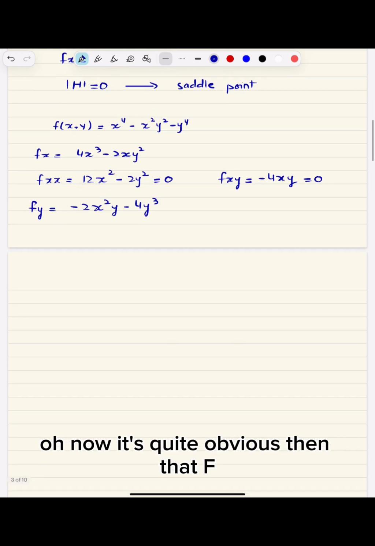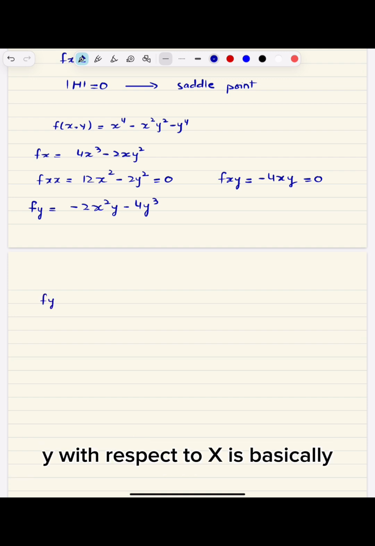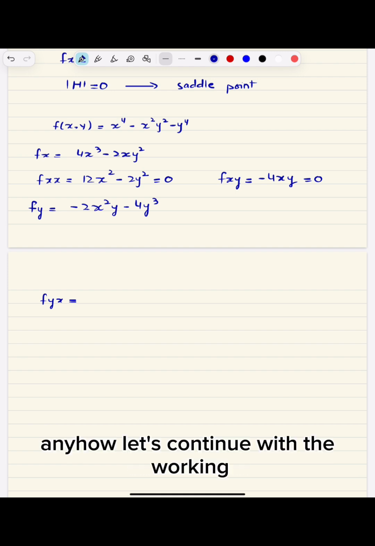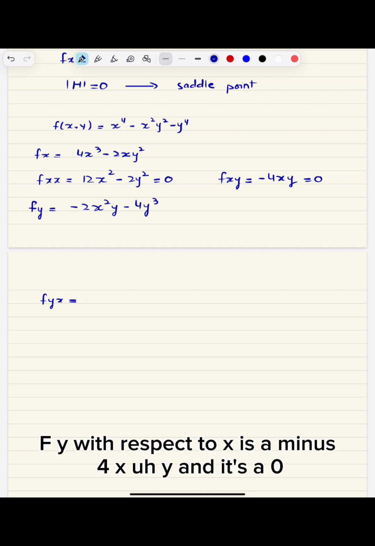Now it's quite obvious then that f_yx is also going to be 0. So this does kind of suggest a saddle point. Anyhow, let's continue with the working. f_yx is minus 4xy, and it's 0.